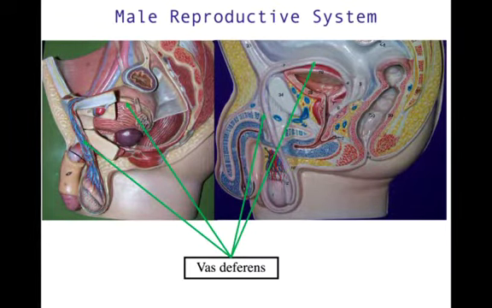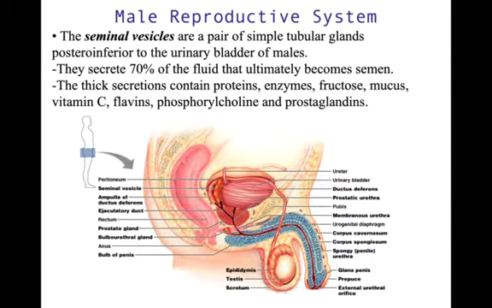From the vas deferens, where do we go? We go into what's called the ejaculatory duct. Merging also with the ejaculatory duct, we see this structure, called a seminal vesicle. Seminal vesicles produce 65 to 70% of the seminal fluid.